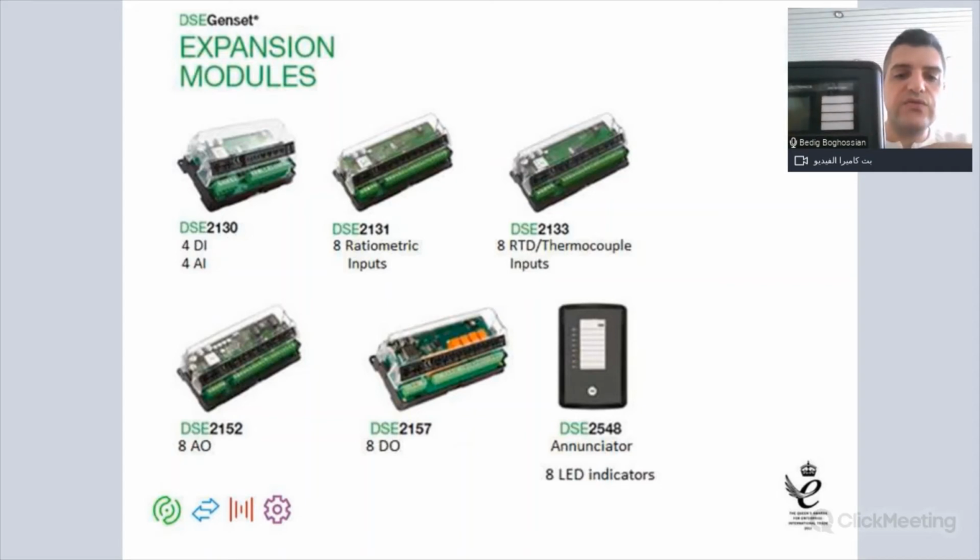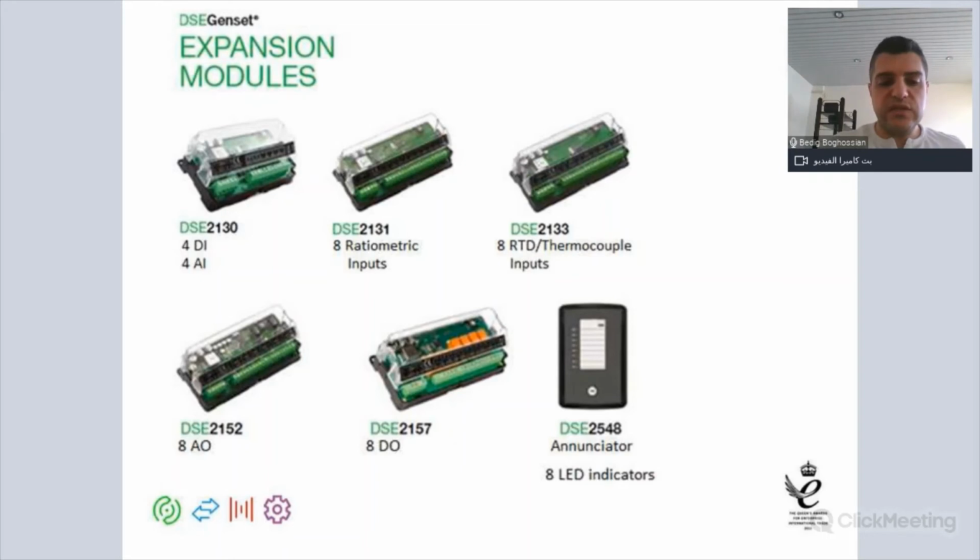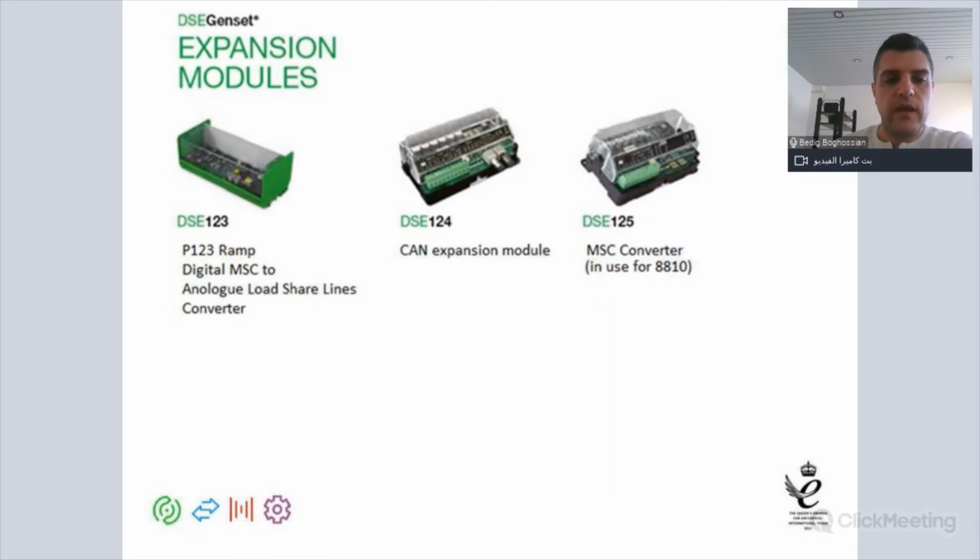These are LED indicators that can show you functions such as breaker status, is it open or closed, alarm status, communication link status, mains, etc. If you need more than 4, you can use the 2548. So that's the 2548, and you can add up to 10 annunciator modules, and each 2548 has 10 LEDs. Other expansion modules for communications.